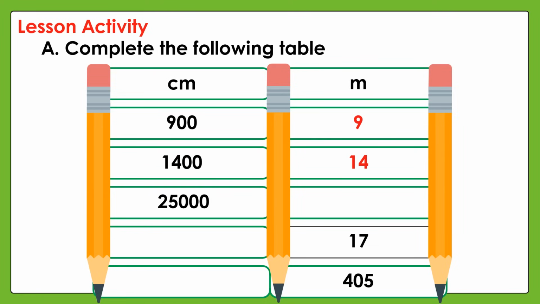Number 3. 25,000 centimeters is equal to 250 meters. Number 4, 17 meters is equal to 1,700 centimeters. Number 5, 400 meters is equal to 40,500.